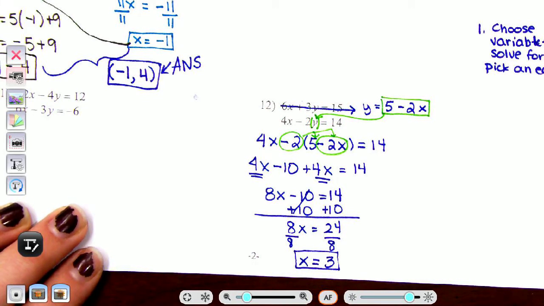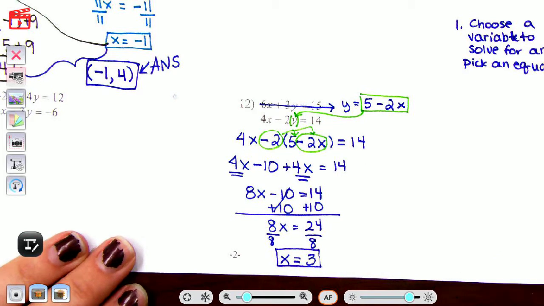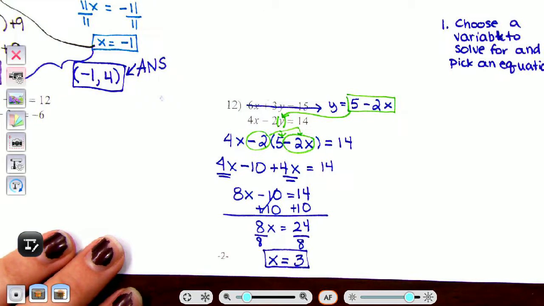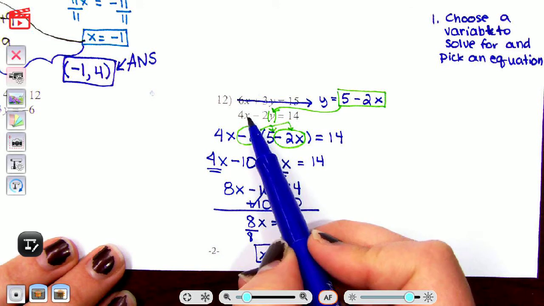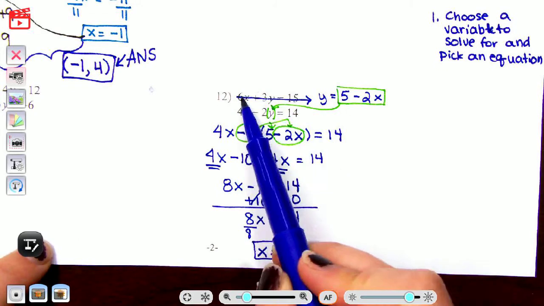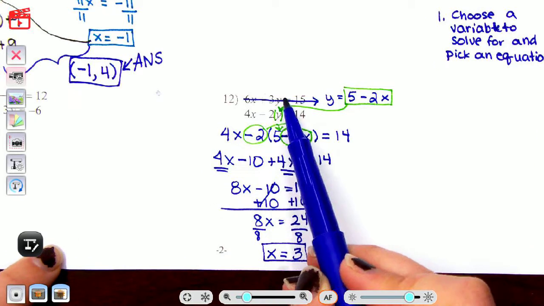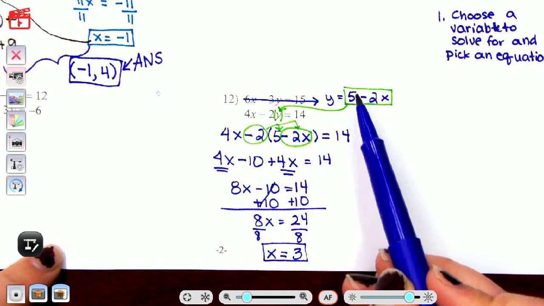Are we done? No, we are not done. This is part of your answer, but it is not the answer. Here's where you have choices. You can take your x and plug it into your bottom equation, you can substitute it into your original equation, or you can choose to substitute it into the one that you solved for.